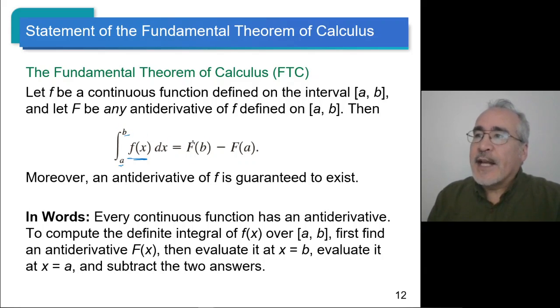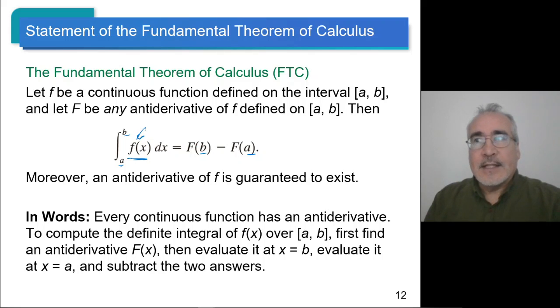So when we've got that antiderivative, we plug in b to one end, subtract what the result is when we plug in a, and this result is equal to that definite integral. It is equal to the area under the curve of the derivative function.